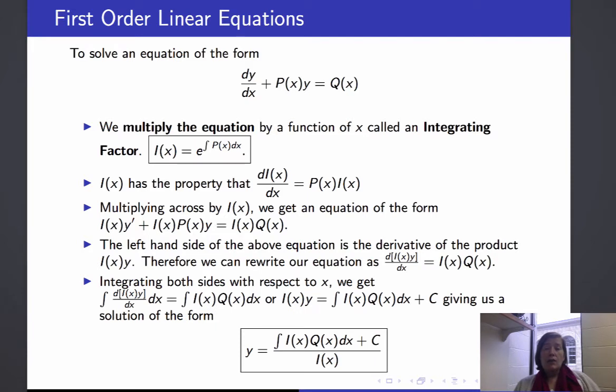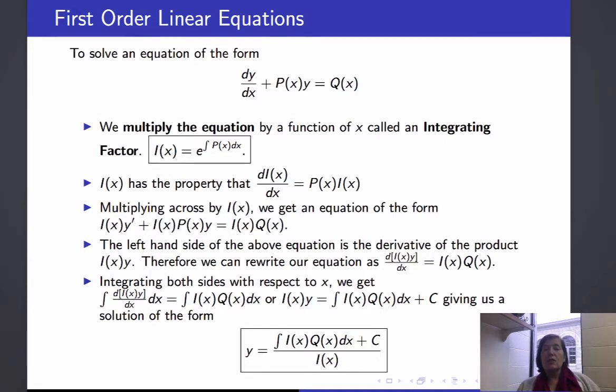And now we can actually solve the equation as long as we can integrate the right-hand side. So integrating both sides, I get the integral of the derivative of the product I of x times y is equal to the integral of I of x times q of x dx.